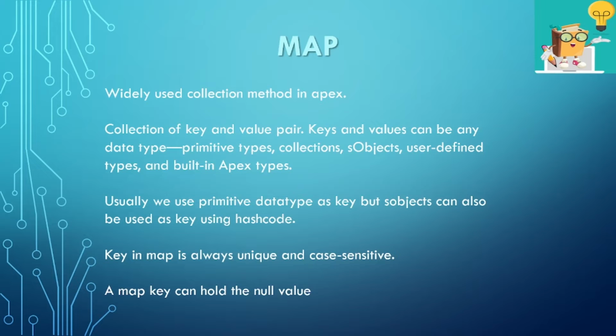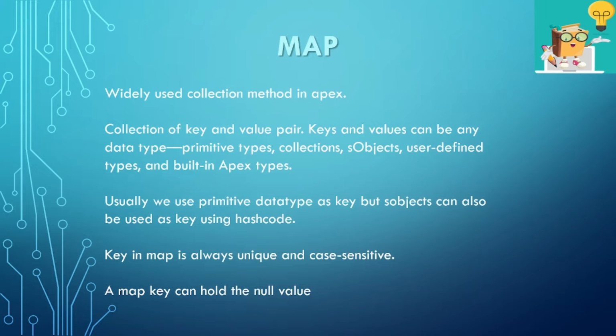So the values in a map can contain a collection variable like a list of string, or a set of string, or it can also contain a map again, a map with a key and the value is again a map. That type of scenario is also possible and feasible in Apex.